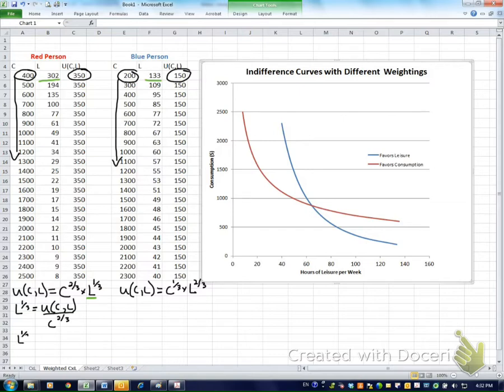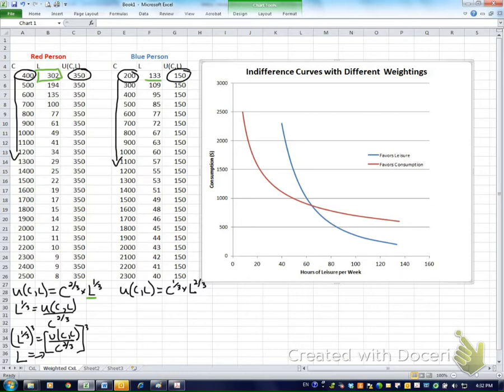So L to the 1/3 to the third is equal to U of C and L divided by C to the 2/3, raised to the third. So that gives us L to the first power on the left-hand side is equal to that expression. And that's what I would take up as the equation that would go here and then drag that all the way down.